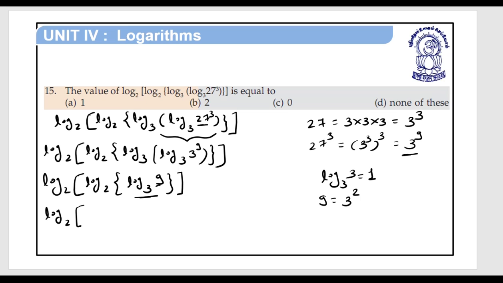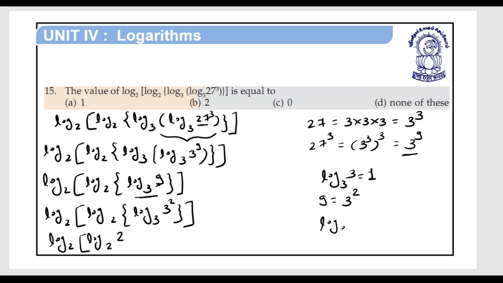So log 2 of log 3 square to the base 3. Here log 3 to the base 3 is equal to 1, so 2 log 2 to the base 2 is equal to 1.